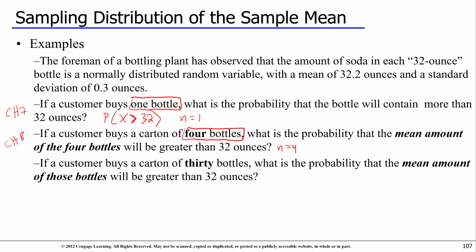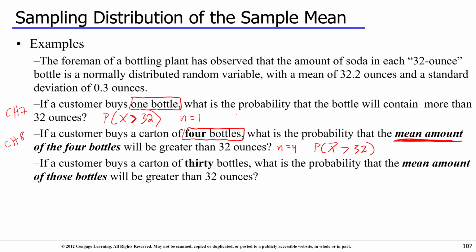And also the keyword mean amount. When it says mean amount, you're working with X bar. So this question is asking: what's the probability that X bar is greater than 32 ounces?